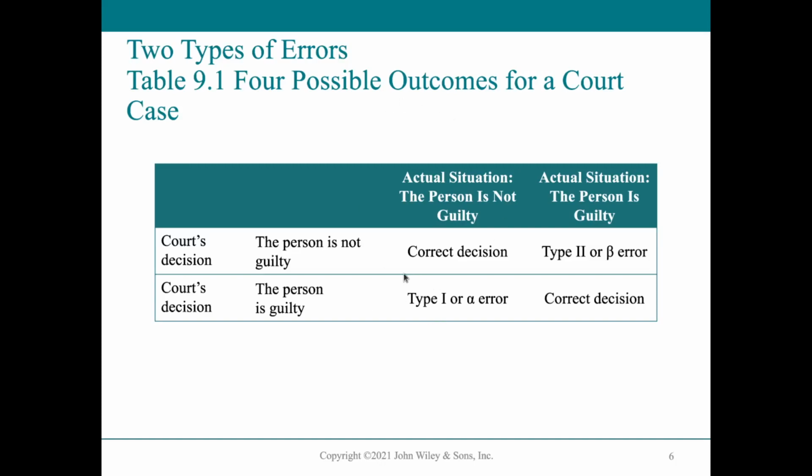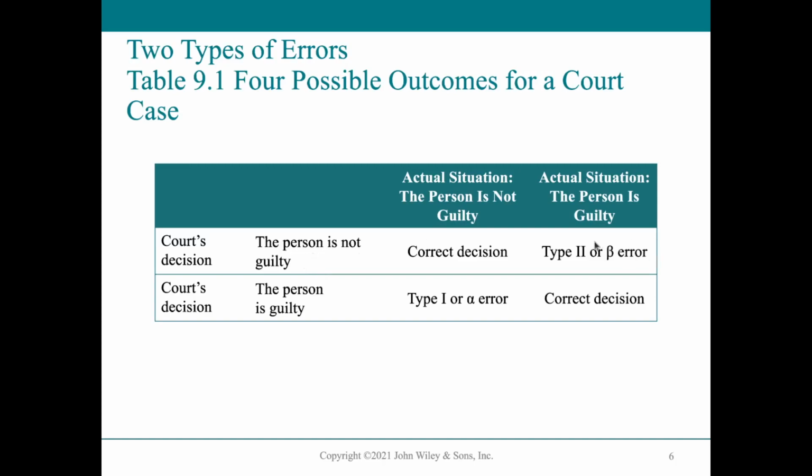If the court's decision is that the person is not guilty, and the actual truth is that the person is really not guilty, that's a correct decision. But if the court decided, or you decided, that the null hypothesis is not to be rejected, there's no significant difference, the person is not guilty according to the court decision.